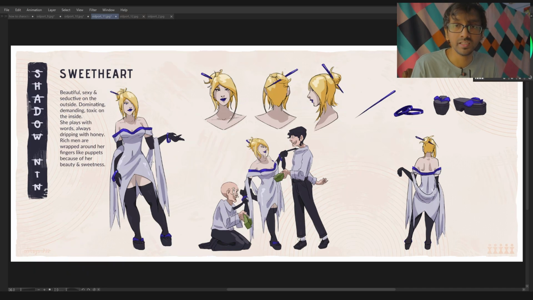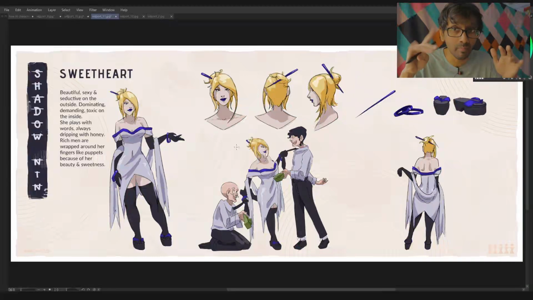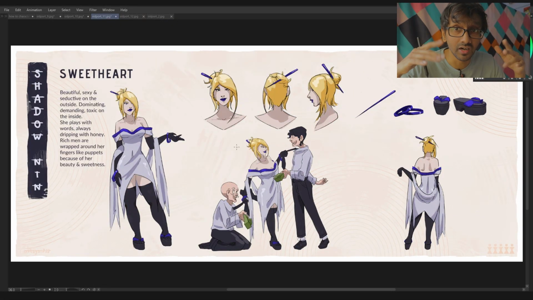She manipulates rich people or rich guys into giving her money in exchange for a promise of her beauty, but she never ever completes that promise. Why? Because she doesn't want them, she just wants their money. Okay, she has them wrapped around her fingers like puppets, so they dance under her orders. So yeah, that was the inspiration, that is the story.